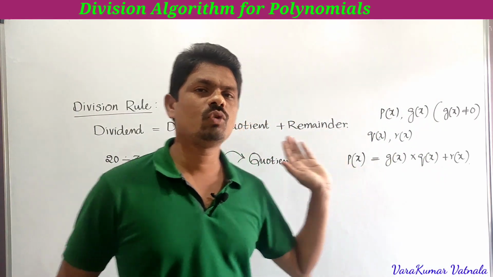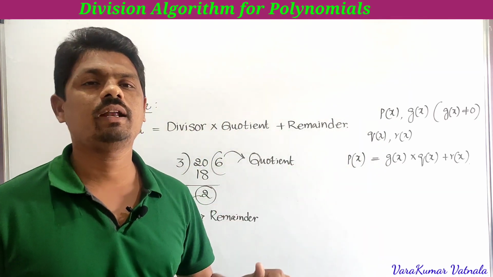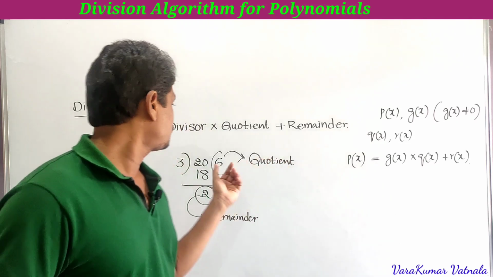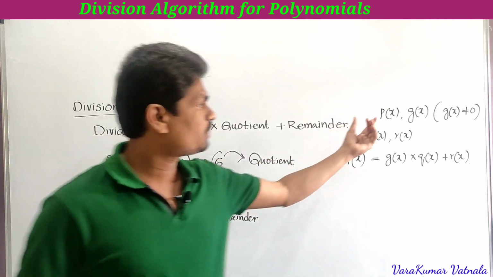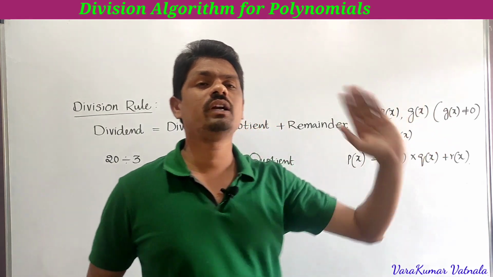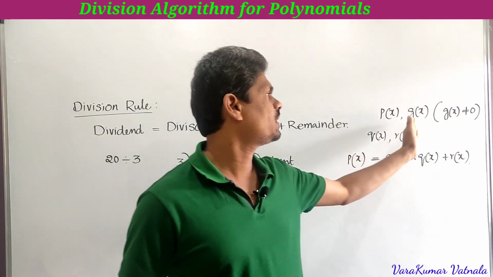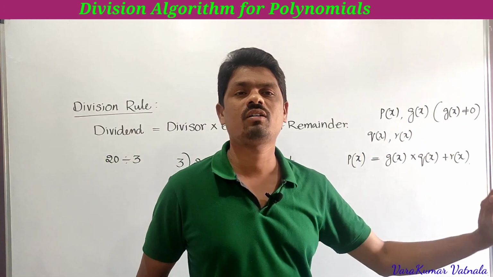In the same way, we have dividend is equal to divisor into quotient plus remainder. Just as 20 is the dividend and 3 is the divisor, here p of x is the dividend, g of x is the divisor. If we divide p of x by g of x, there exist two more polynomials, q of x and r of x.